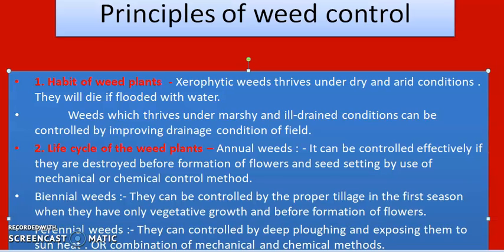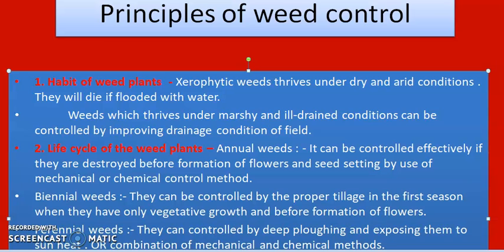Biennial weeds can also be controlled by proper tillage operations during the first season when they have only vegetative growth and before the formation of flowers.